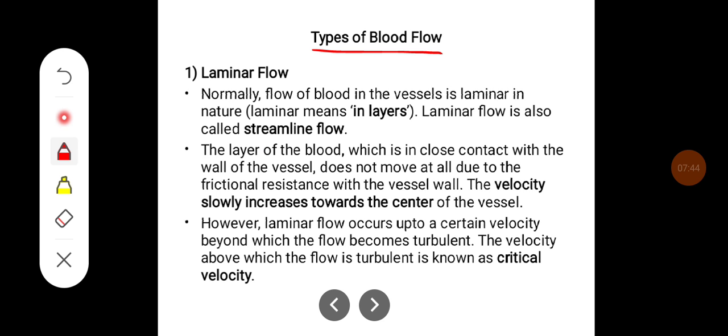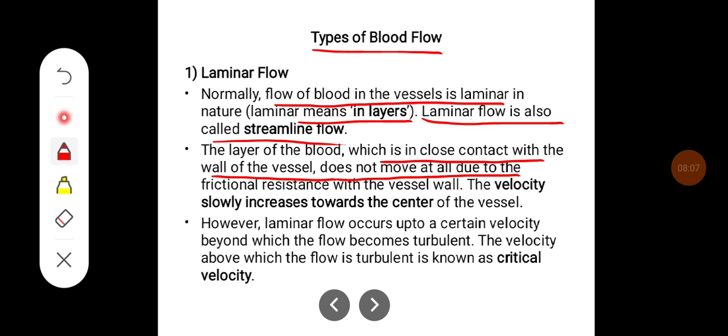There are different types of blood flow: the laminar blood flow and the turbulent blood flow. Laminar blood flow. Normally the flow of the blood in the vessel is laminar in nature. That means it is in layers. Laminar flow is also called as streamline flow. The layer of the blood which is in close contact with the wall of the vessel does not move at all due to the frictional resistance with the vessel wall.